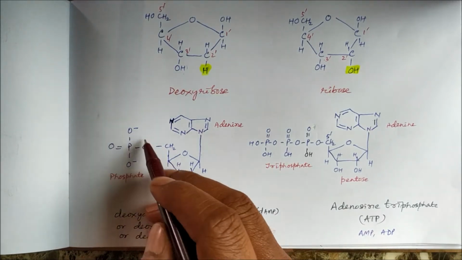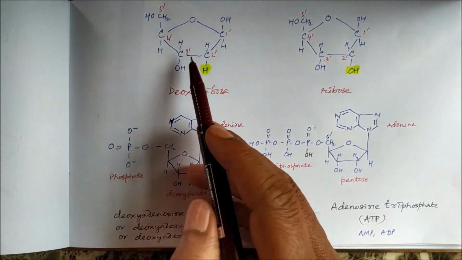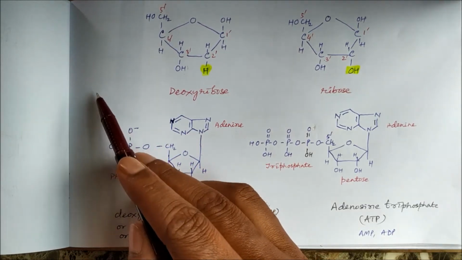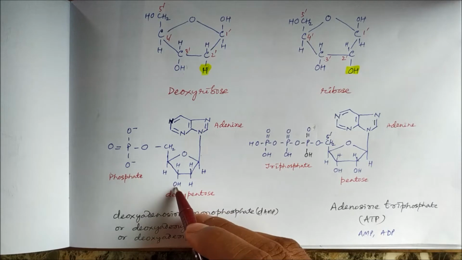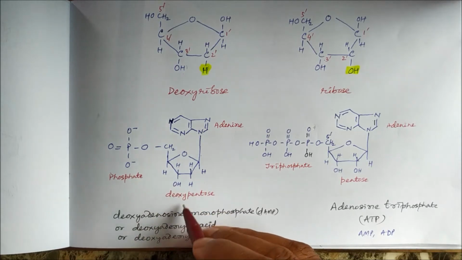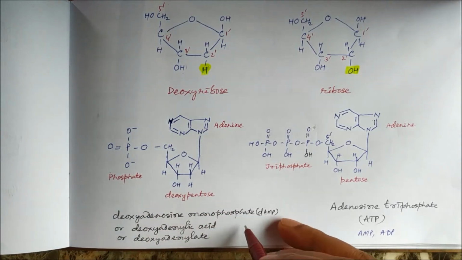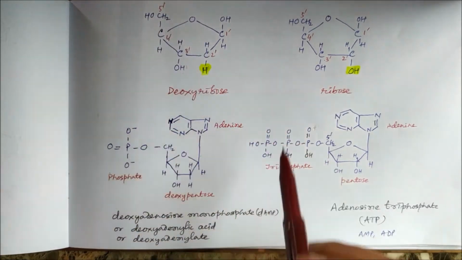So this phosphate can combine with the 3' position of another sugar, and to this 3' position one phosphate can attach, which will be linked to the 5' position of another sugar.